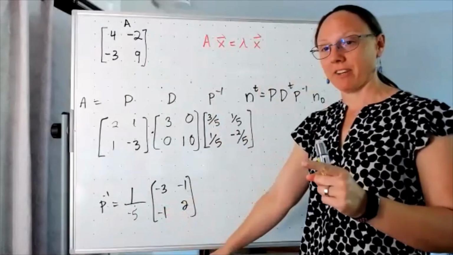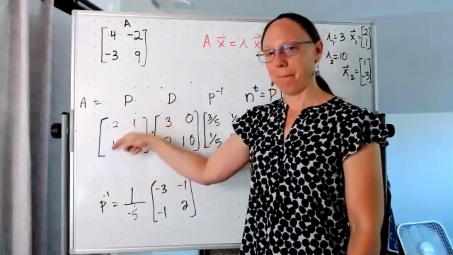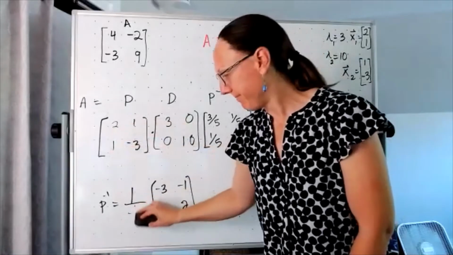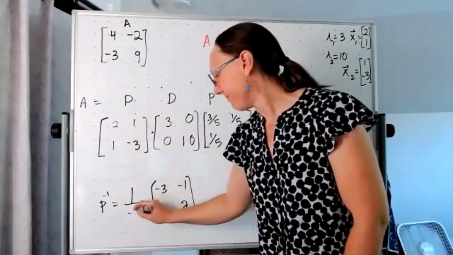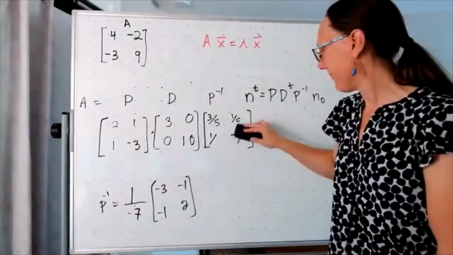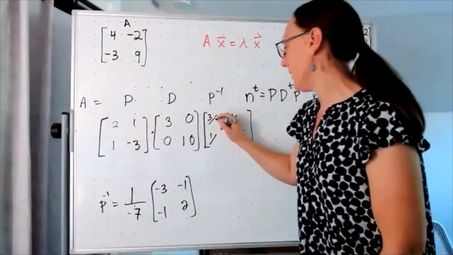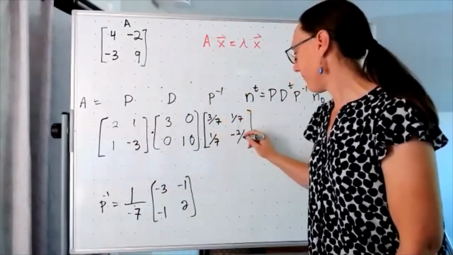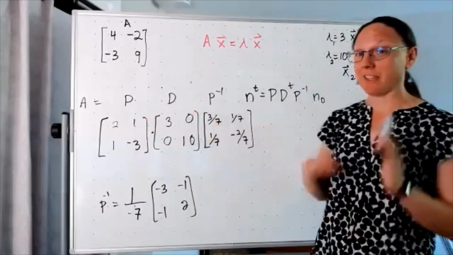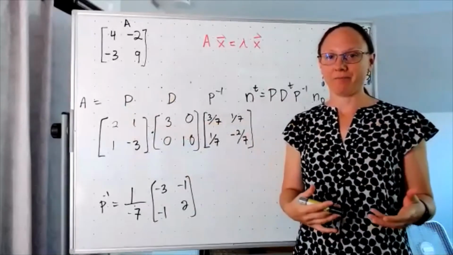It's probably a -7, isn't it? -6 minus 1 is indeed -7. I think I just wanted it to be 5 because it sounded like a nicer number to use. In the interest of time, you're just going to have to believe me that if we multiplied all that stuff out, we would indeed get that matrix A back.